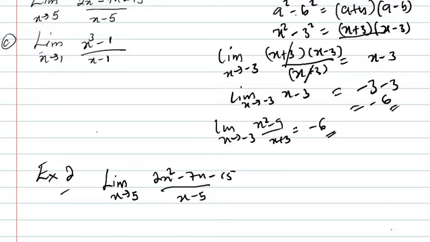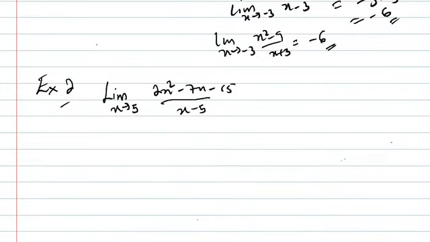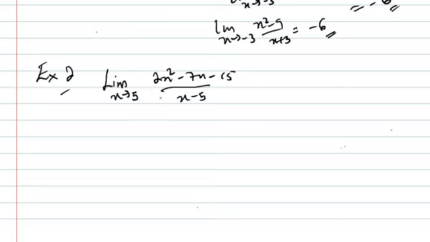So we are trying to solve this. As you see, if we substitute x equal to 5, let's see, here we have 5 squared, minus 7 times 5, minus 15, all over 5 minus 5.